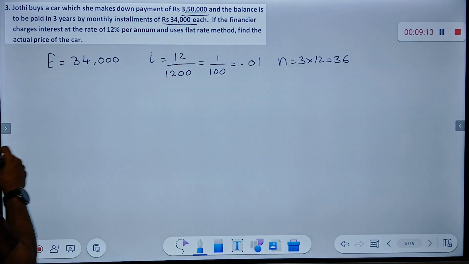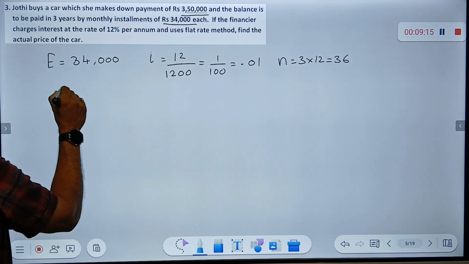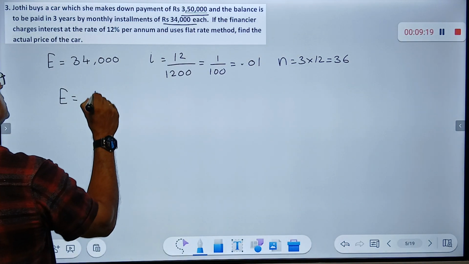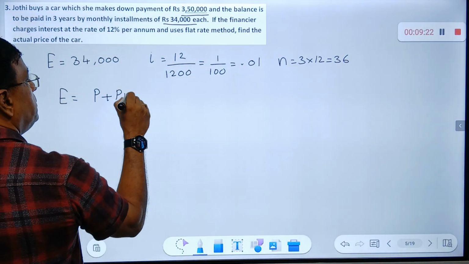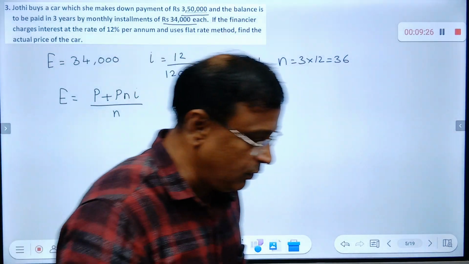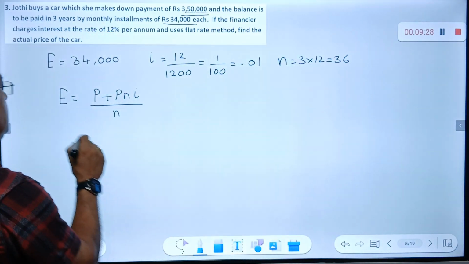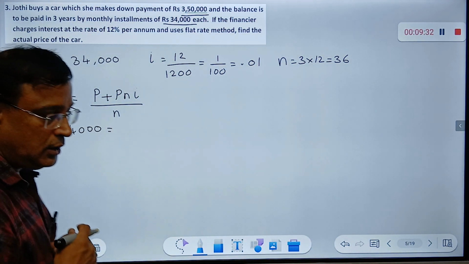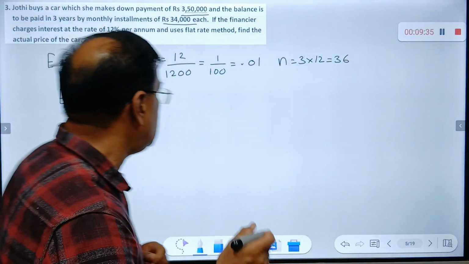So what I will do here, the EMI formula is using flat rate method. So EMI formula is P plus PNI over N. So what is my EMI? EMI is 34,000. I don't know what my principal is, so I will keep it outside.